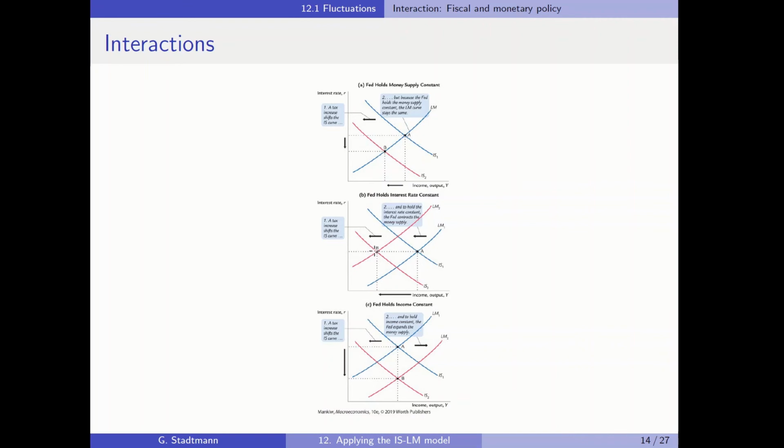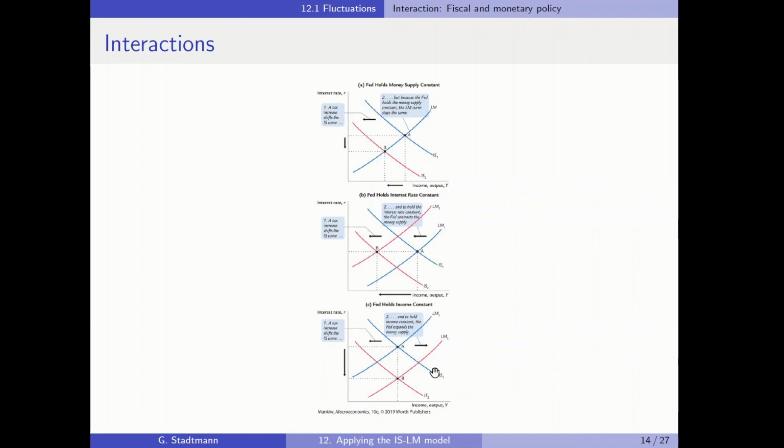If the central bank is inactive, if it does not react, we would end up in this point here, and GDP would only decrease to this level. But since the central bank decreases money supply, the LM curve shifts to the left, and the recession is much more severe. So an interest rate policy in this situation doesn't seem to be appropriate.